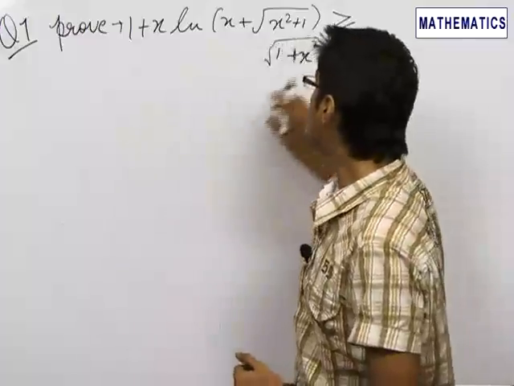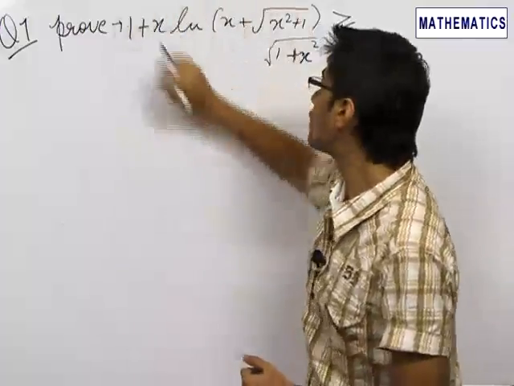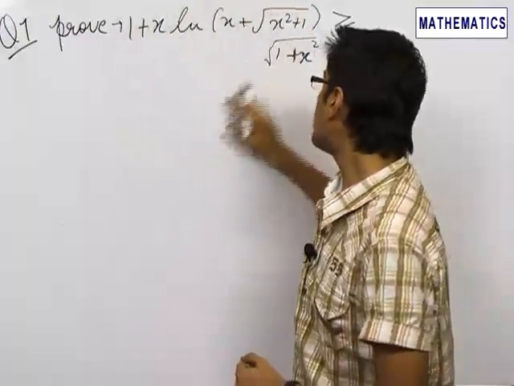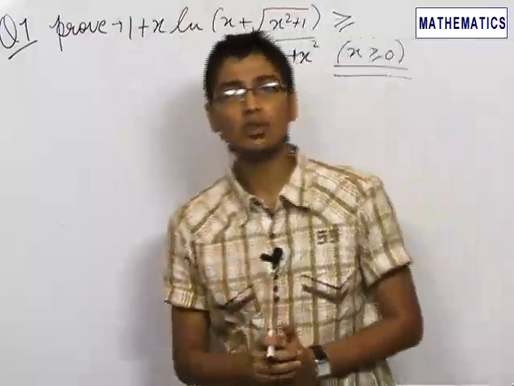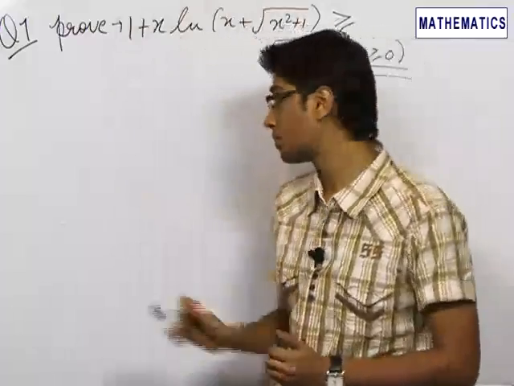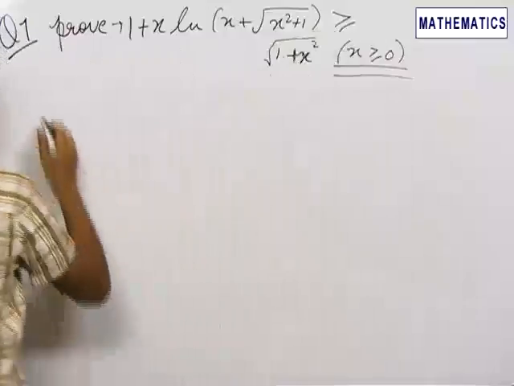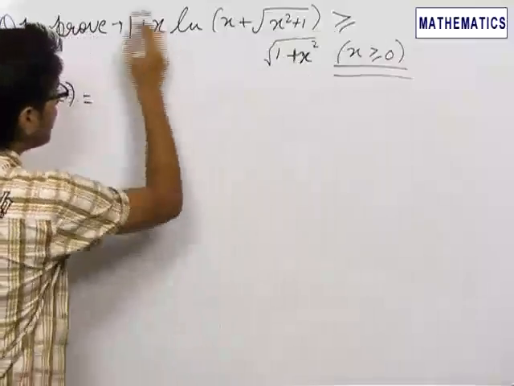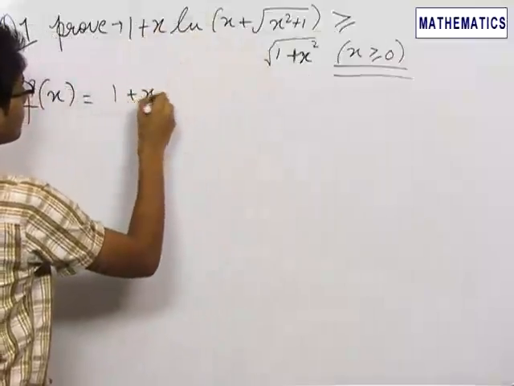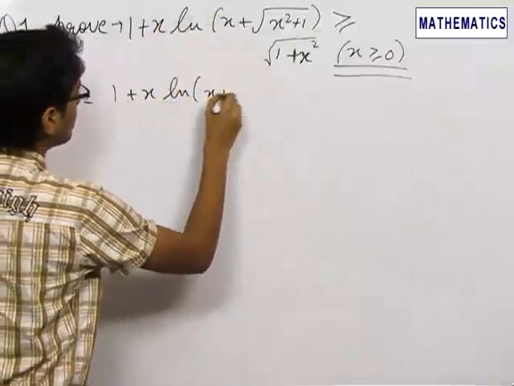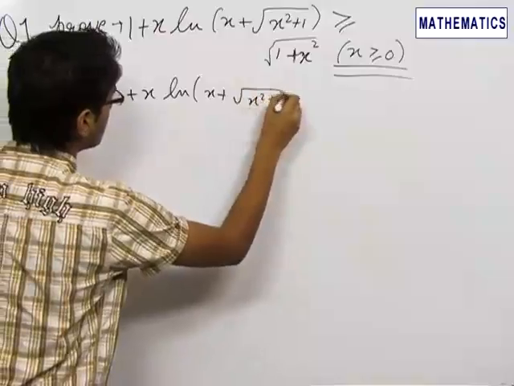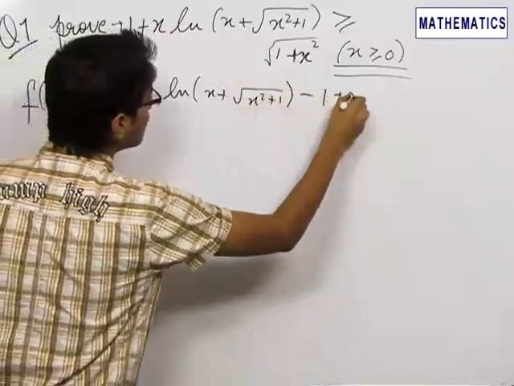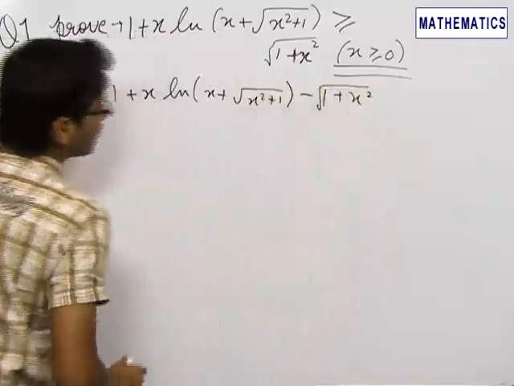We can identify these problems as a function of x, and we need to prove them greater than or equal to or less than or equal to some other function of x. So what we do is, we consider a function f(x) equal to the left side function minus the right side function.